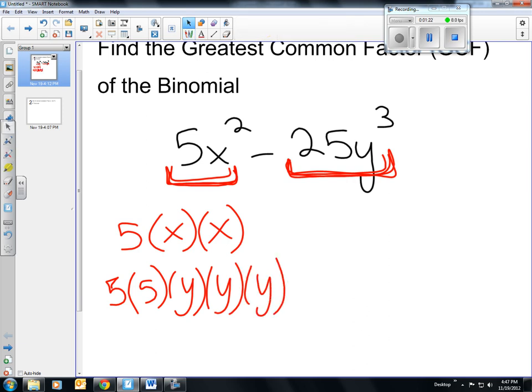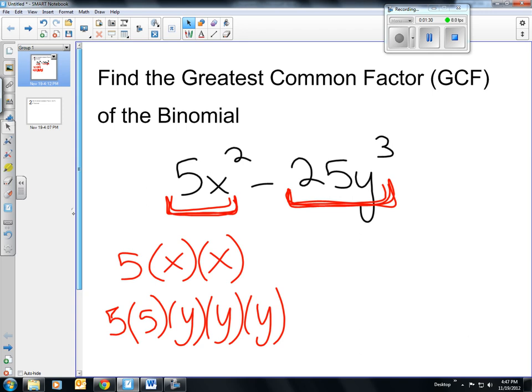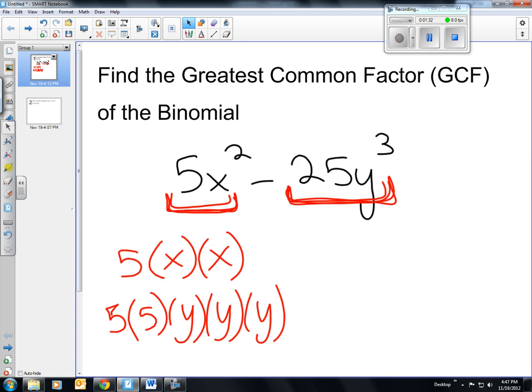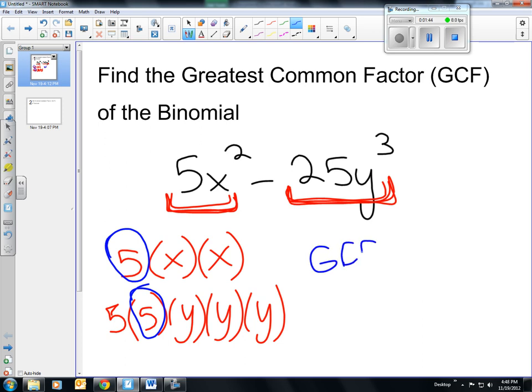Then we ask what's the greatest common factor between the two monomials? What they have in common is one factor of 5. They don't share any variables, and they only share one common factor of 5. So the GCF here would be 5.